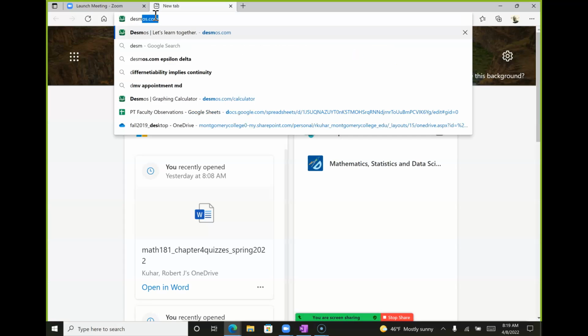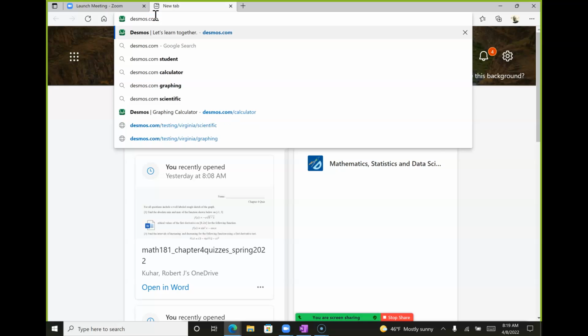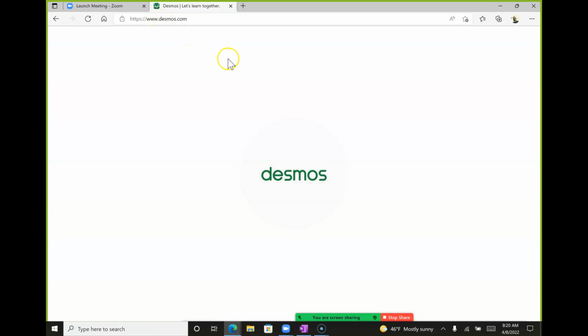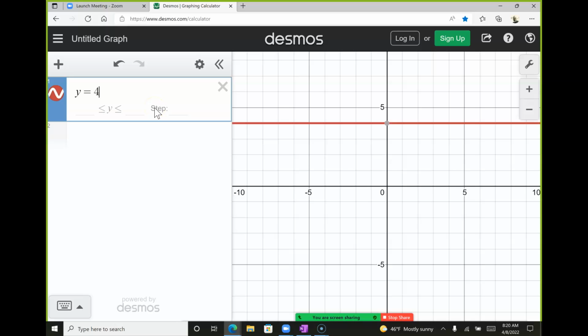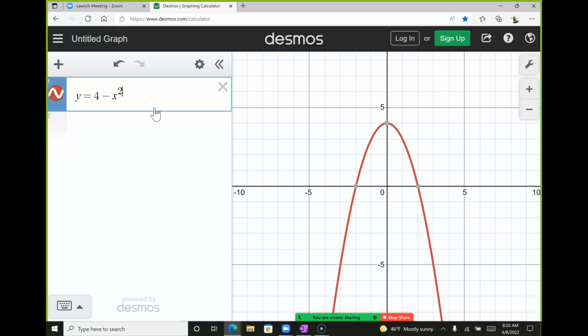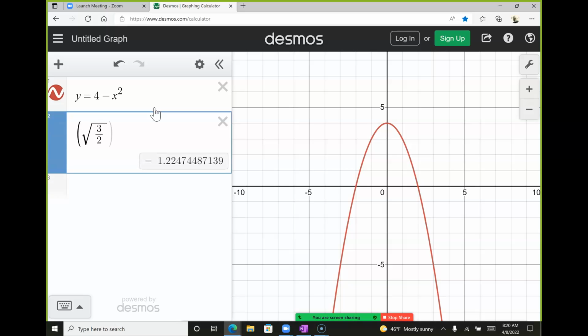So Desmos: y equals 4 minus x squared, and I have the point square root of 3 halves, comma, 5 halves.